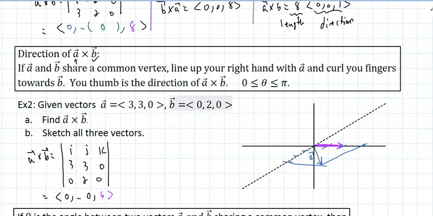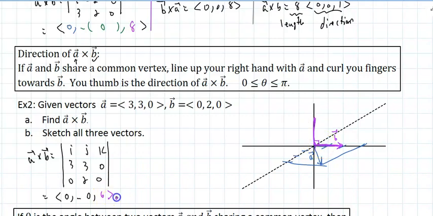Okay. If I line up my right hand on A and curl my fingers toward B, do you agree that this is the direction that's going to be perpendicular to both?